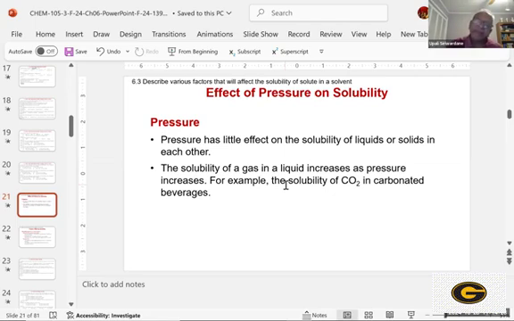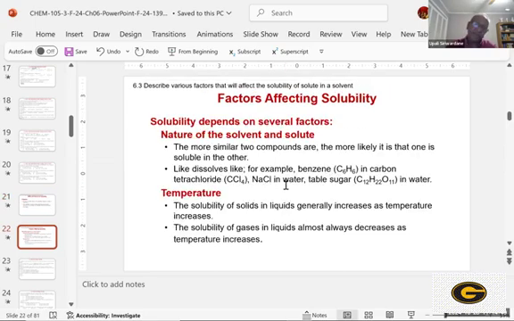Pressure has little effect on the solubility of liquids or solids, but the solubility of gases is dependent on pressure. The higher the pressure above the solution, the more gas goes into the water solution. We're going to look into this in detail in the next class.